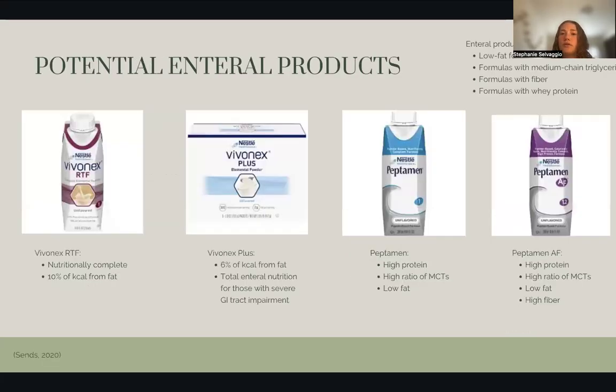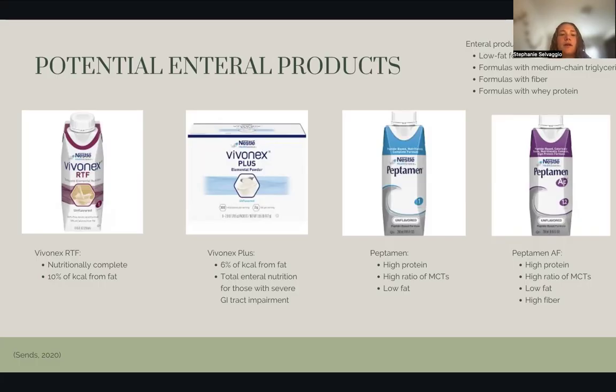Here are some potential enteral products that can be used for people with cholecystitis. I wanted to focus on formulas that are high protein, fibrous, have medium chain triglycerides, and are lower in fat, because the time to use these would be when you're still trying to take it easy on the GI system.